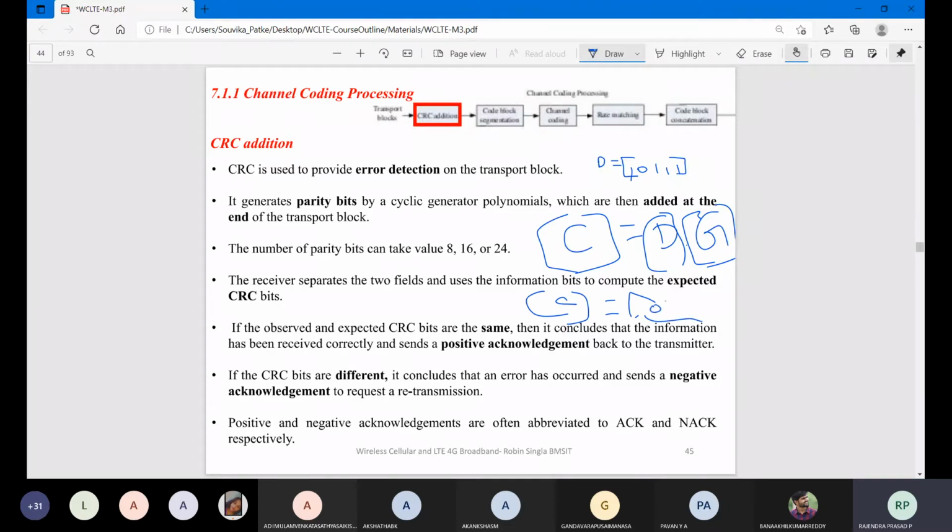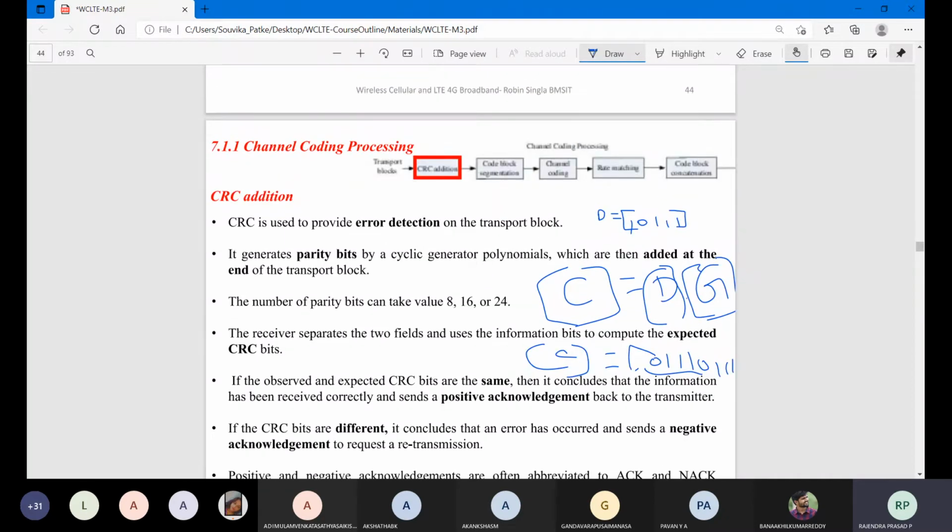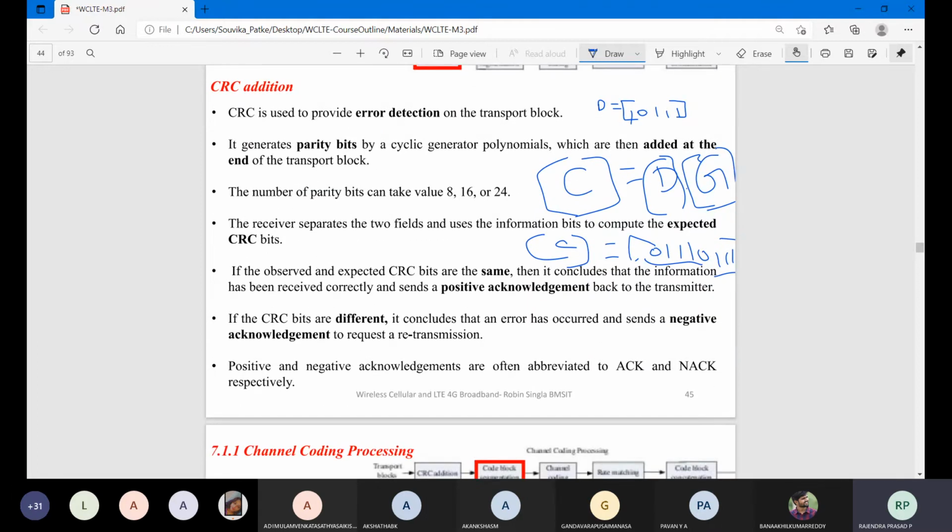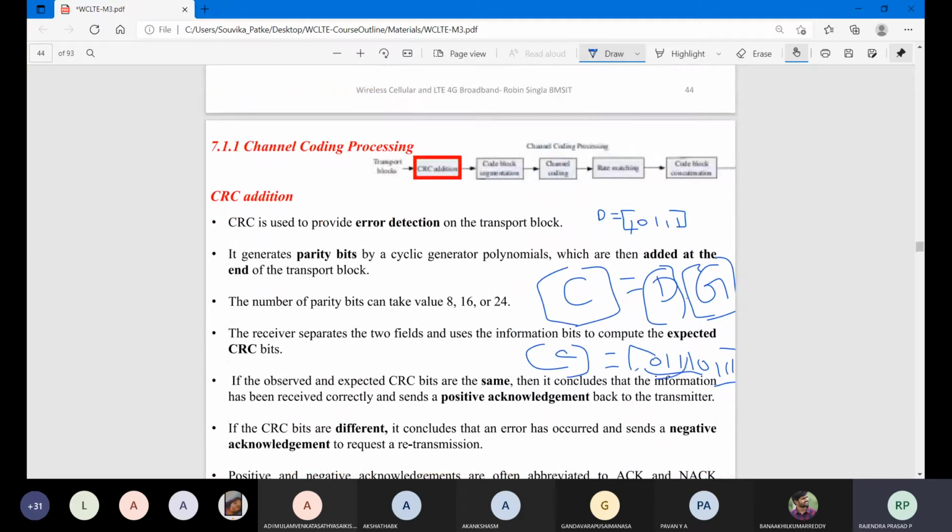Suppose 0 1 1 are your check bits, and your data will follow, 1 0 1 1 1, right? So easily we can identify that the first 3 bits are check bits and the last 5 bits are data bits. So this is one way of transmitting the data.